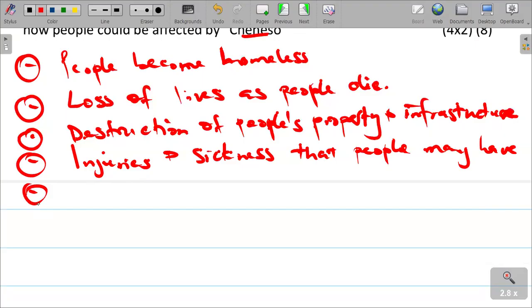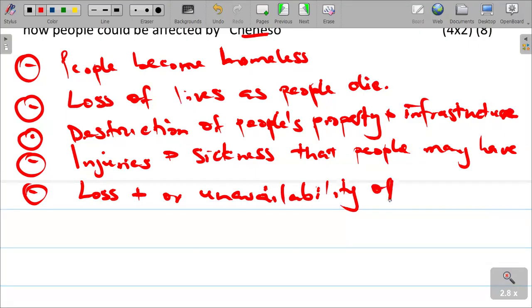We talk about the loss and unavailability of infrastructure, unavailability of transport system, as the roads are destroyed.